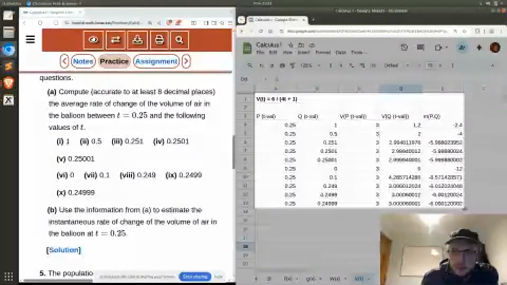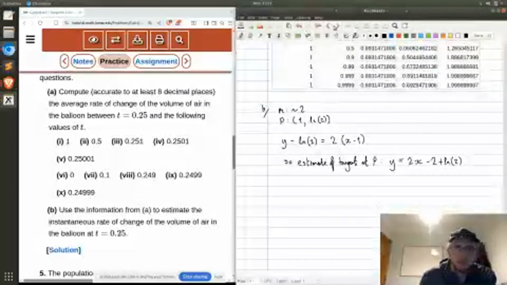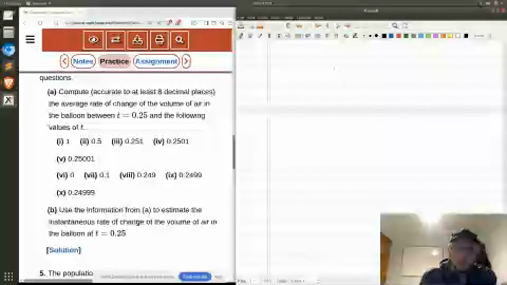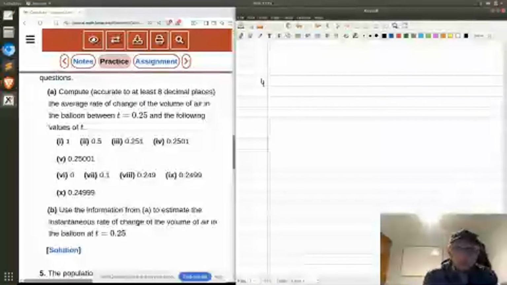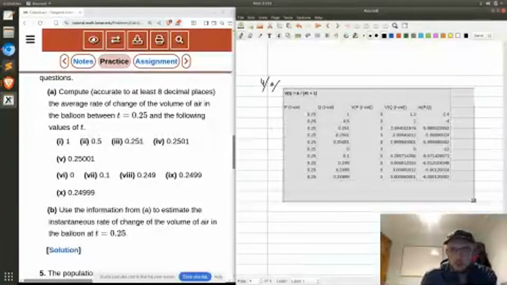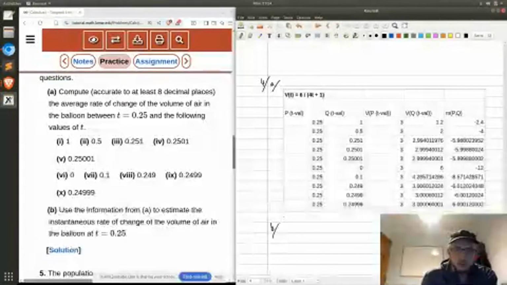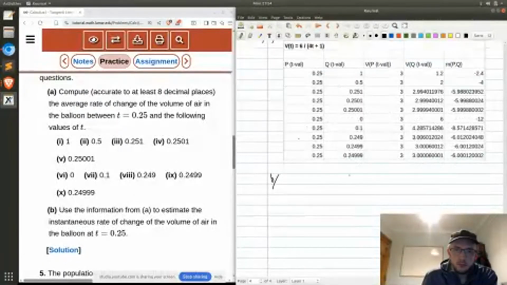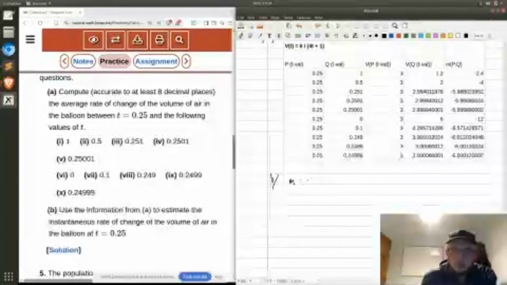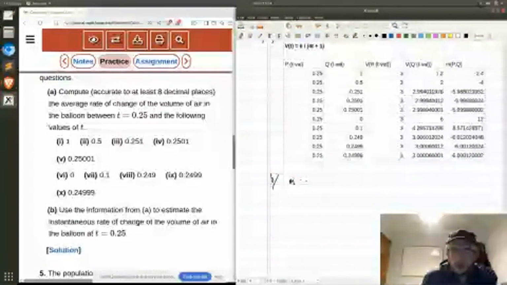Better. Okay. So we estimate m to be 6. No, negative 6.